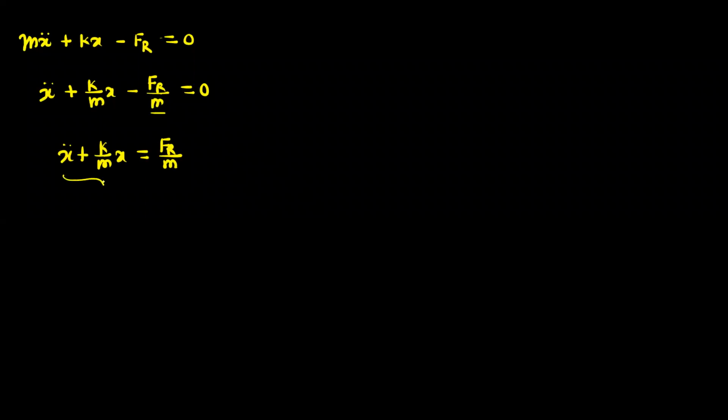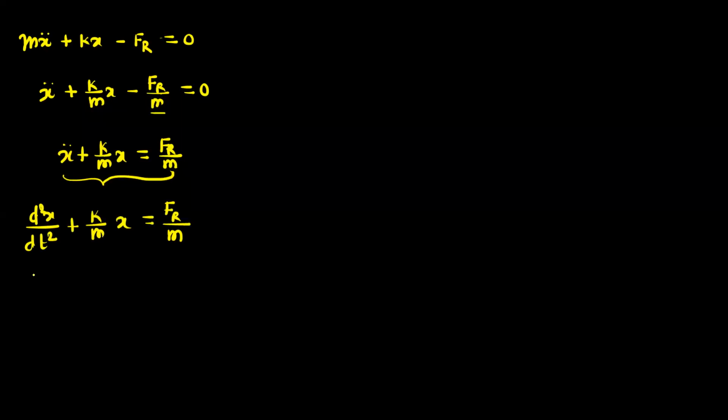Now this equation is a second order differential equation. So we will write this in differential form. x double dot is d square x upon dt square plus k by m into x is equal to f upon m. To get the solution, we will use the D operator method.